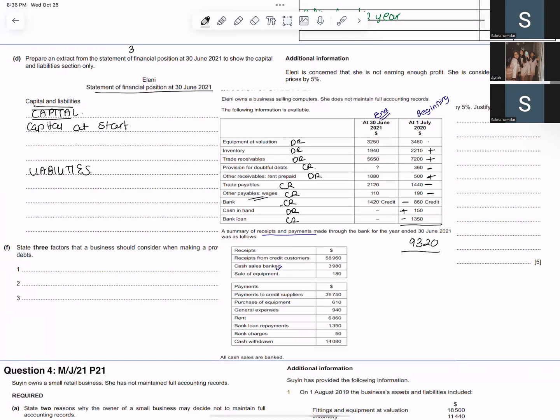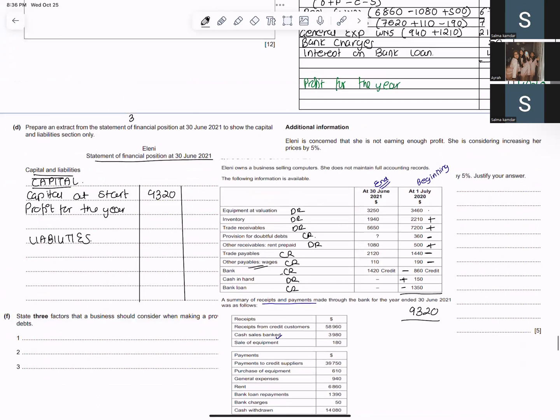What is your capital at the start? 9320. Add what? Profit for the year. What is the profit for the year? The profit for the year is 4020. Minus what? The drawings.